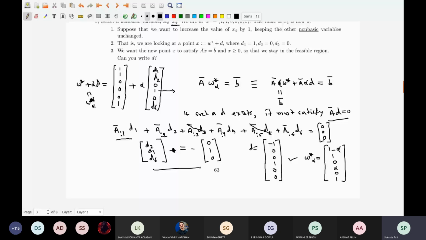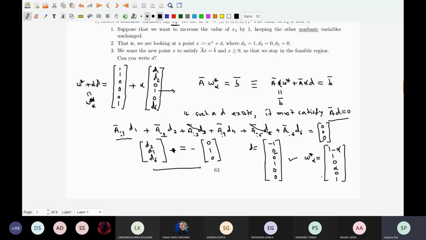If I write alpha times that, it will give me 1 minus alpha. The second entry of W star was 1, and the second entry of D was 0 here. So therefore, the second entry of W star alpha will be 1 only. Similarly, the other entries are computed.